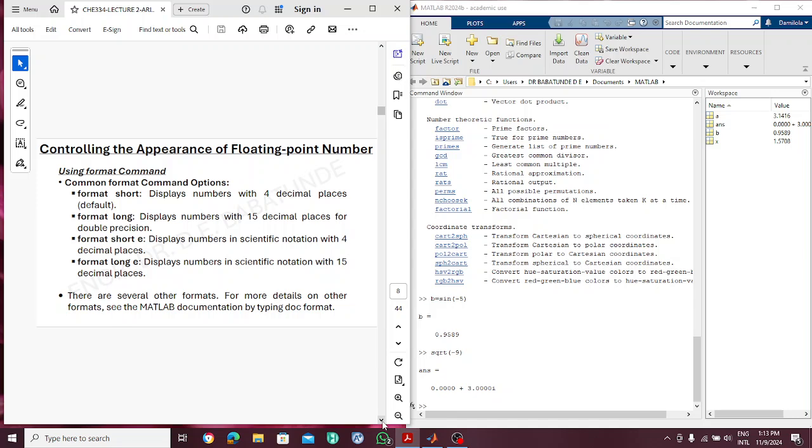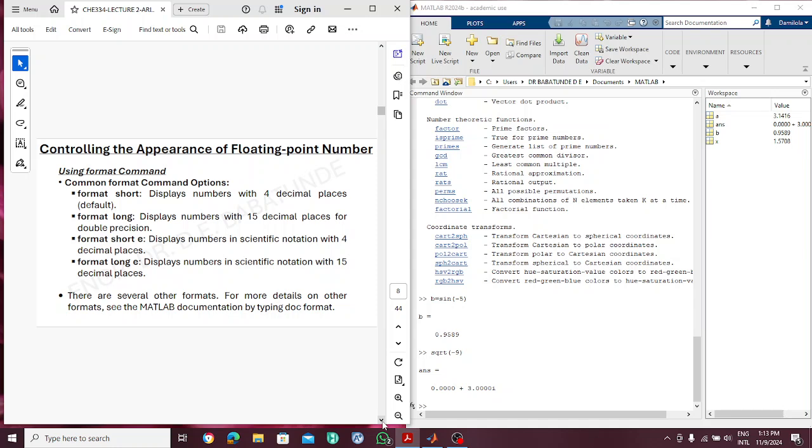When MATLAB displays 4 decimal digits, it means that it operates on format short by default. So when you are in format short mode, the decimal places that will be returned will be 4. But if you change to format long, then we are going to have up to 15 decimal places, which is also known as double precision. Then we can have scientific notation of the result, and if we want the scientific notation to have about 4 decimal places, we can use format short e.